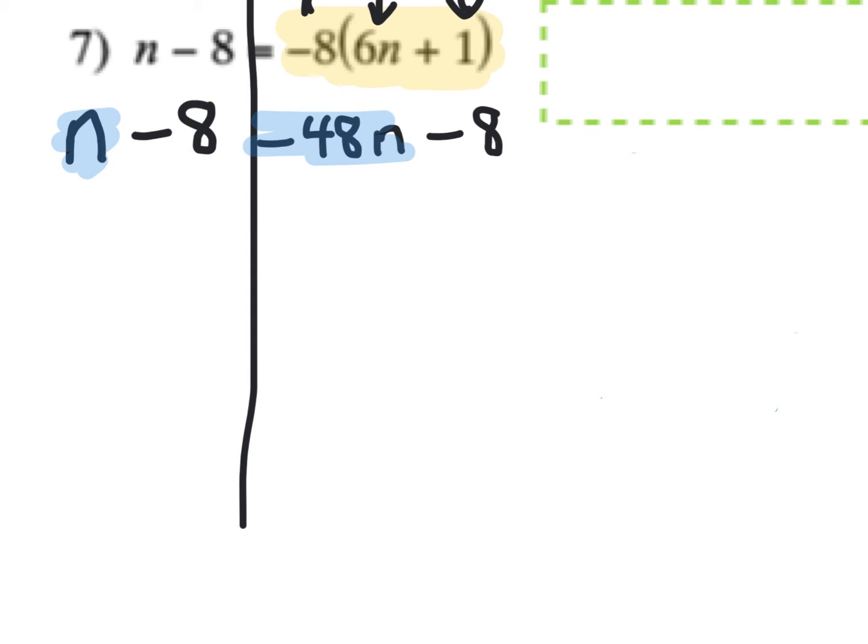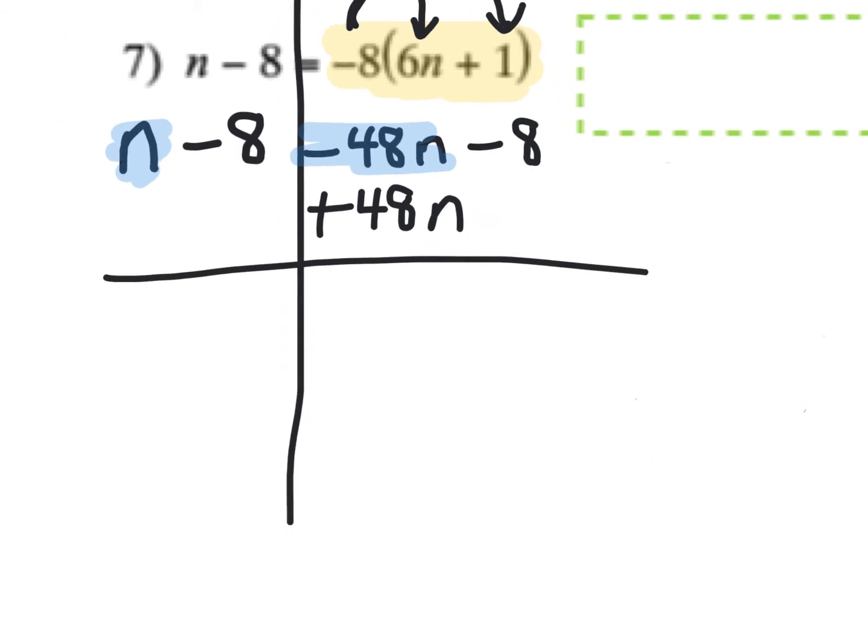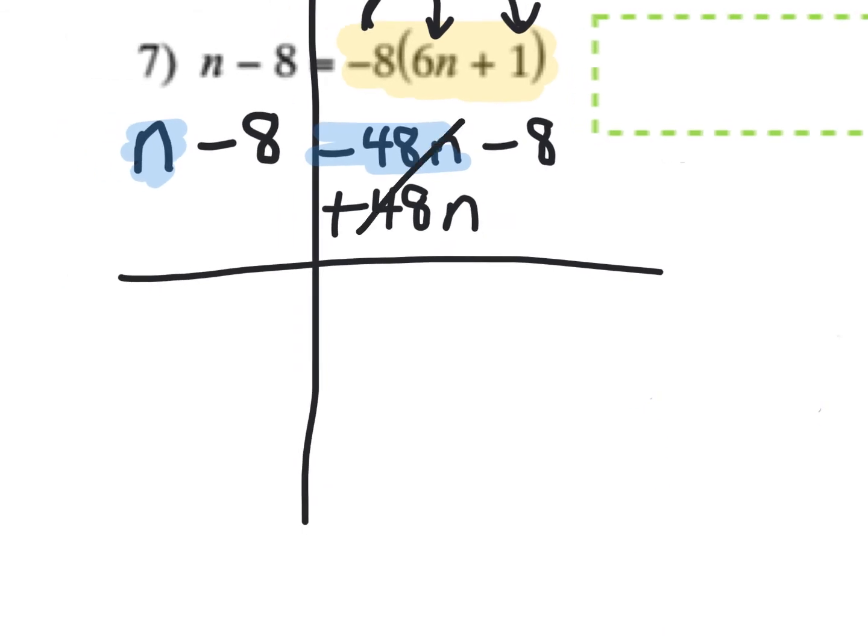So what I'm going to do instead is cancel out that -48n by adding +48n. So those are going to cancel each other out. That -8 is going to come down because I haven't done anything to cancel that yet.